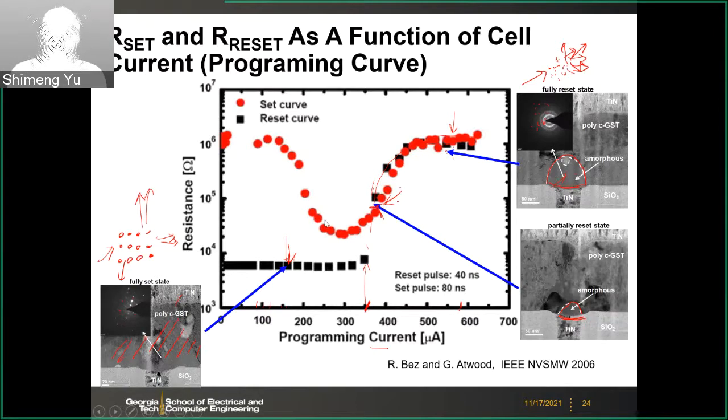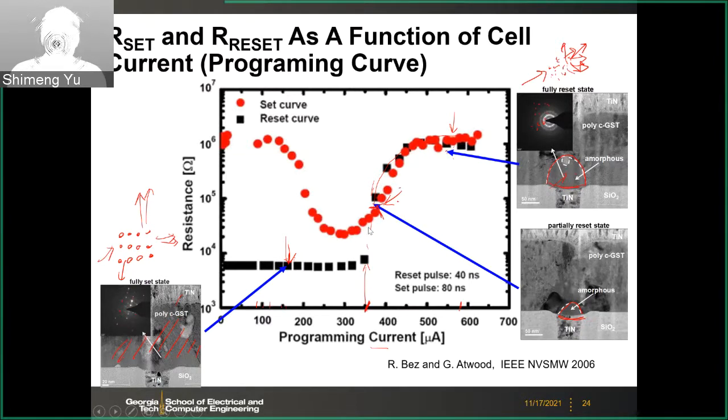This is because it will go through this crystallization process. But again, you cannot make the current amplitude too large. If you make it too large, then it will go through the reset process again. So the resistance will go up.